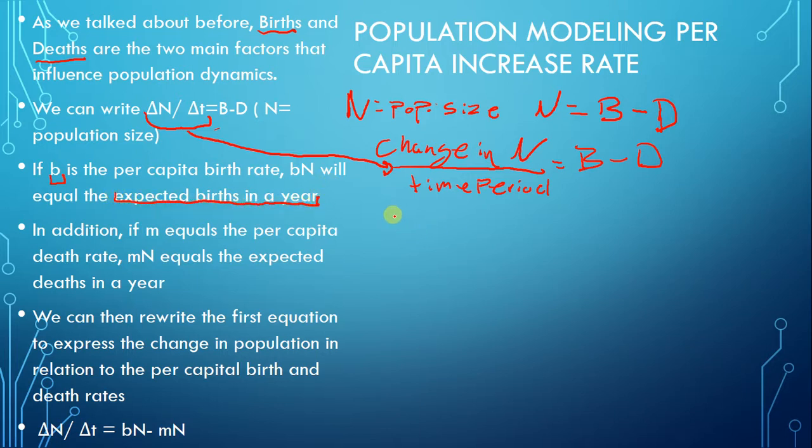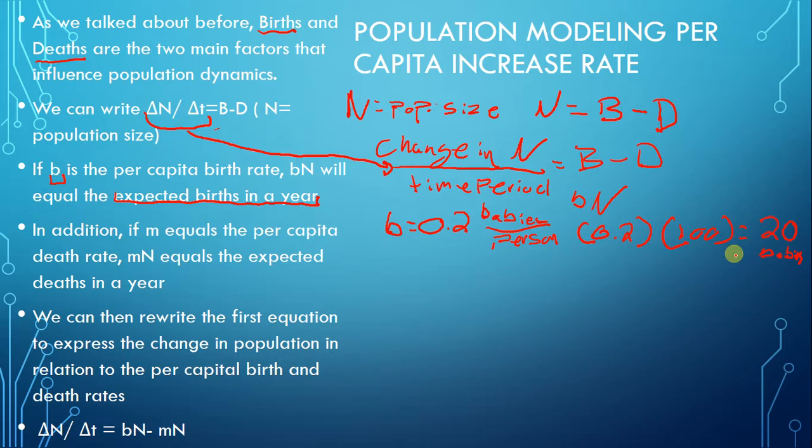So if b equals 0.2 babies per person, then in 1 year we'll have b times N, 0.2 babies per year times 100 people, and that equals about 20 babies.